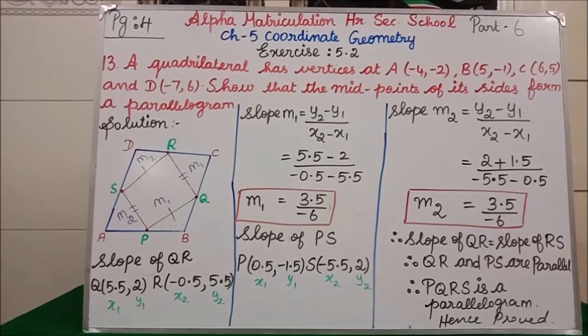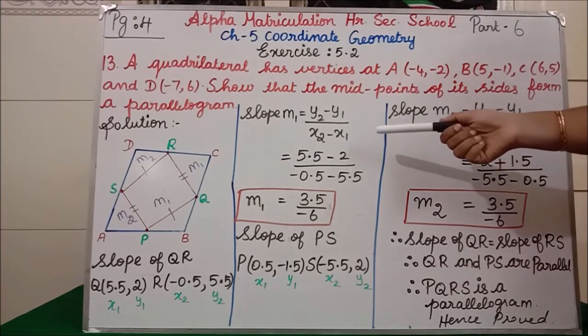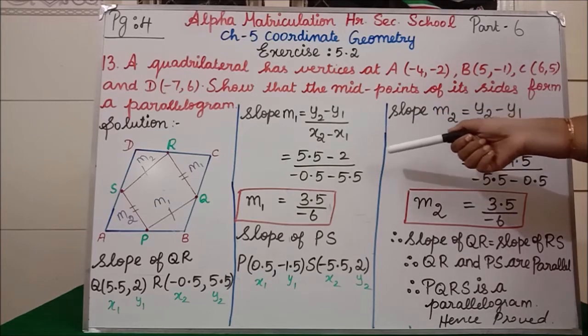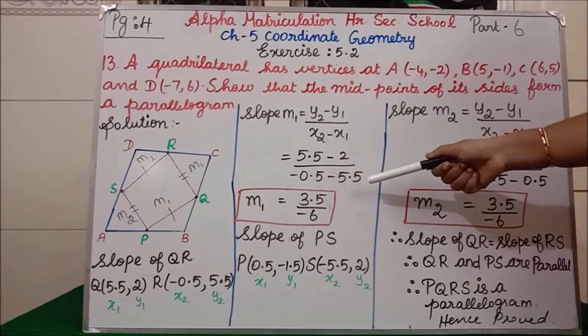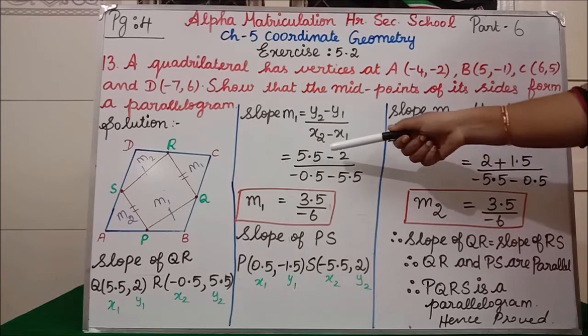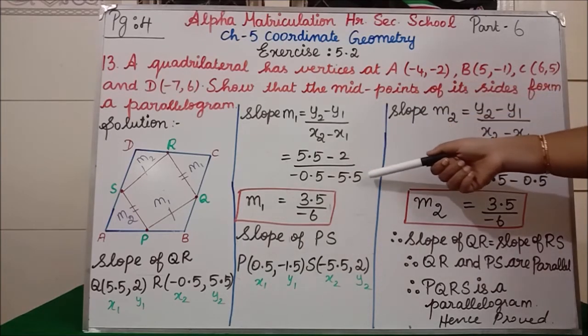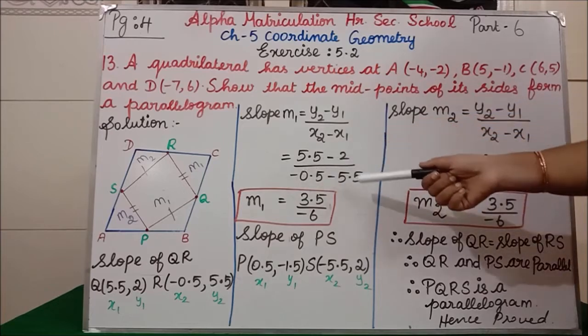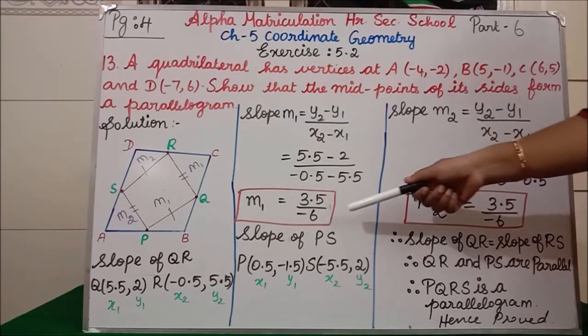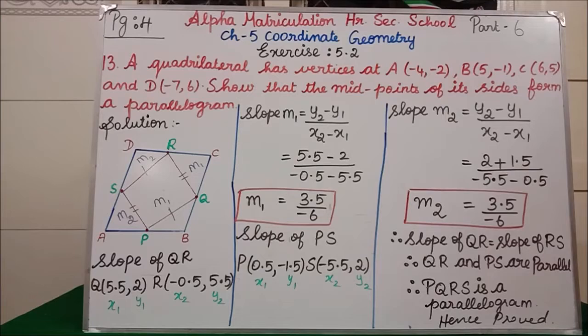See, I have written y2 value is 5.5, y1 value is minus 2, divided by x2 value minus 0.5, x1 value 5.5. So 5.5 minus 2 is 3.5, divided by, both are minus, so we have to add. If we add, we get minus 6. So keep it as such, no need to divide.